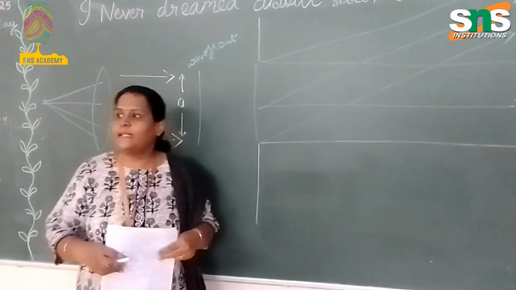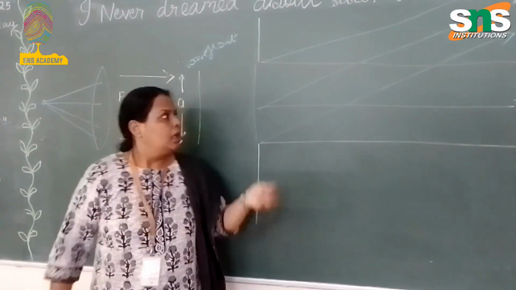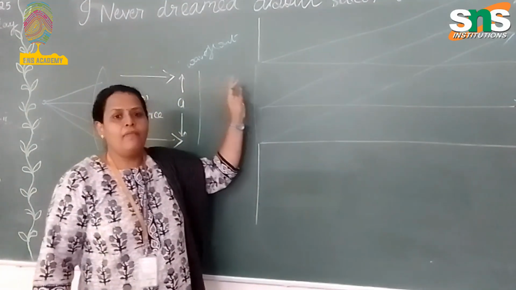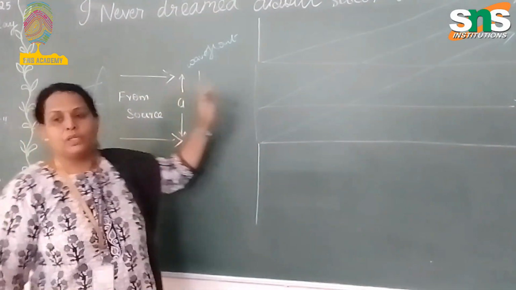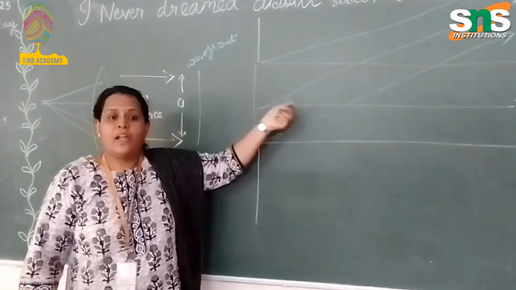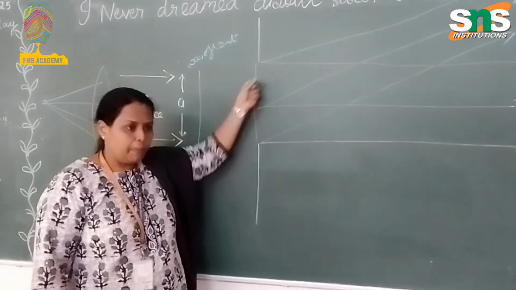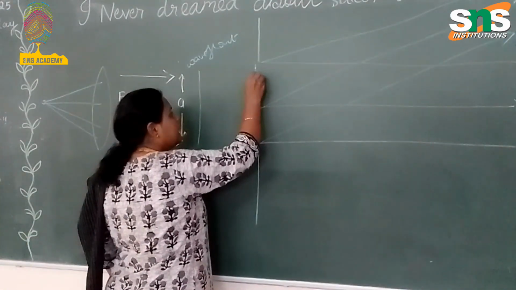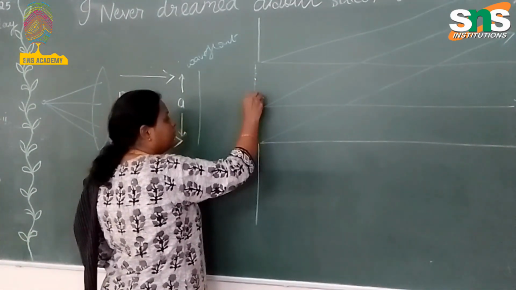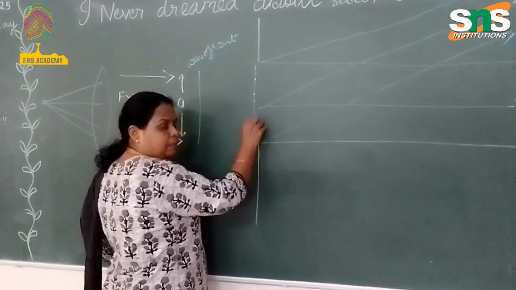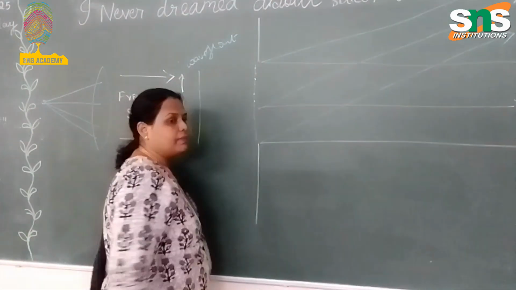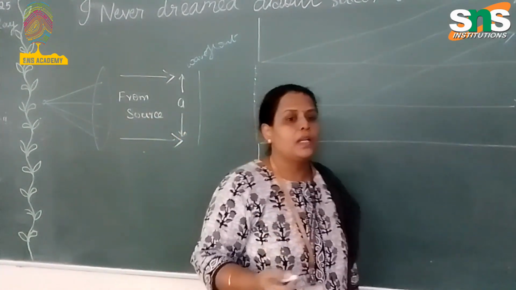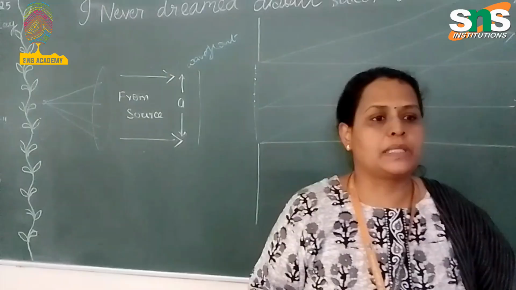So when the plane wavefront reaches from the source, each and every point that lies on the plane wavefront will start to behave as sources. Can you remember how, in the primary wavefront I discussed, a secondary wavefront is produced?